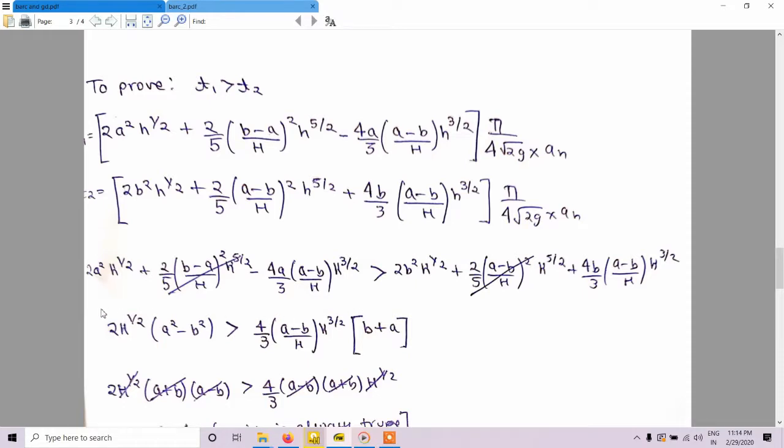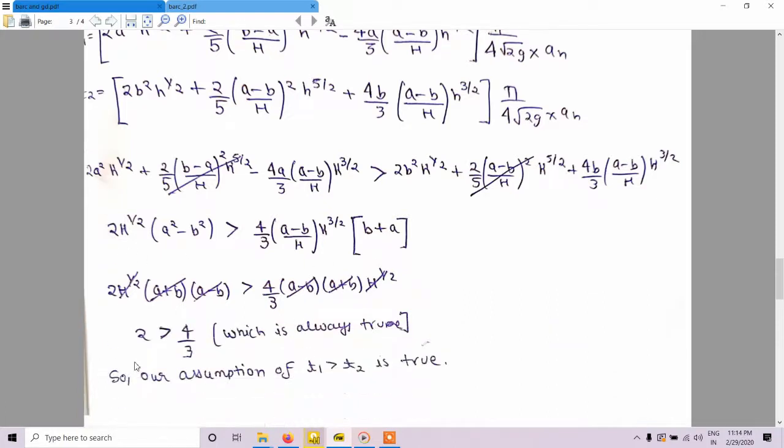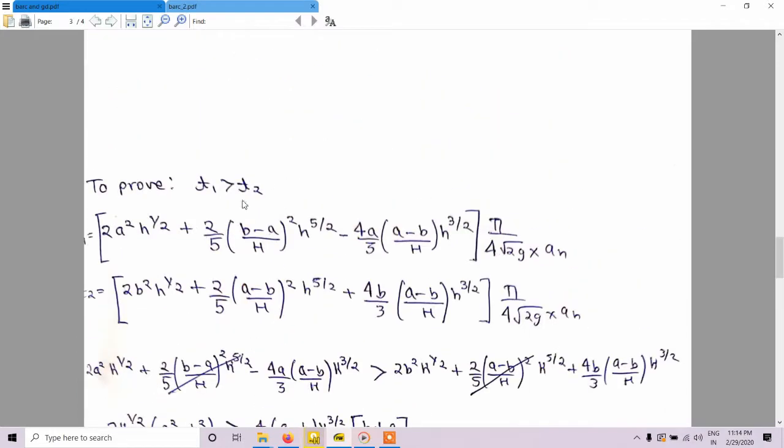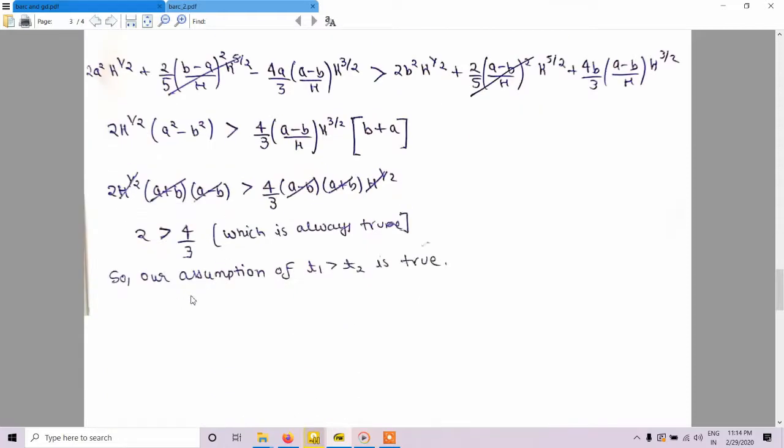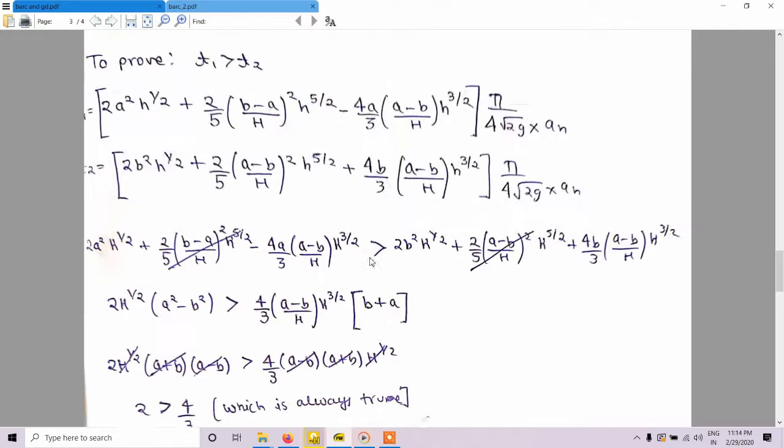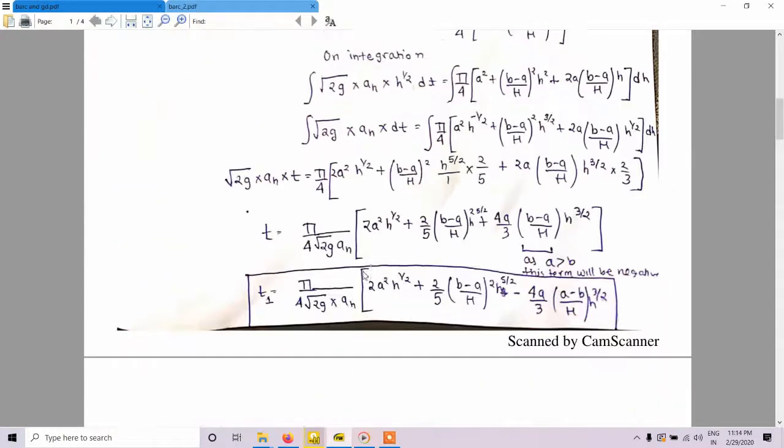We write the values of T1 and T2, and these two terms get cancelled out. On solving, we get that 2 is greater than 4 by 3, which is always true. So the assumption that T1 is greater than T2 is true. That is, the time required for the second container to be emptied is less. So the second container will empty first.